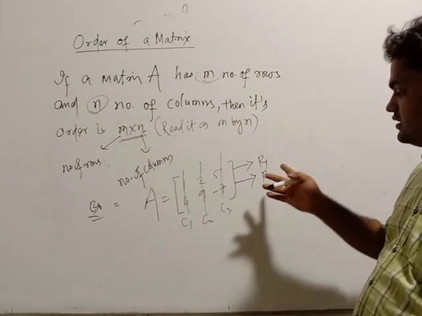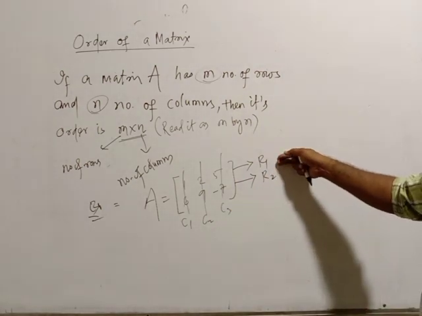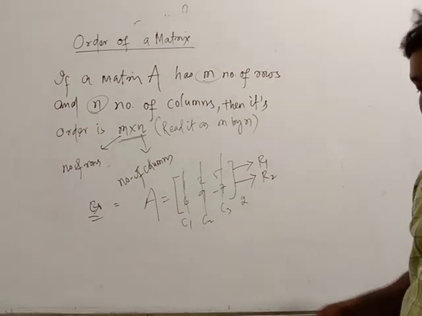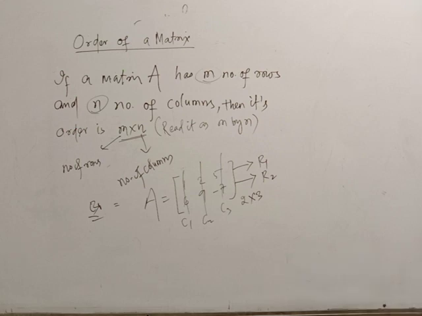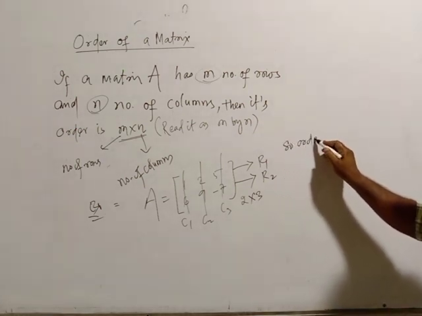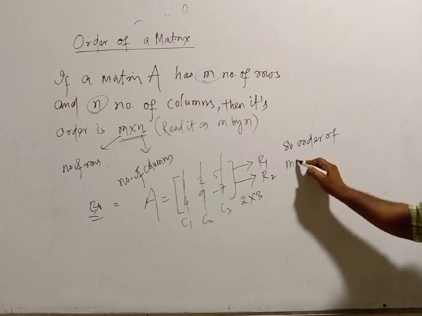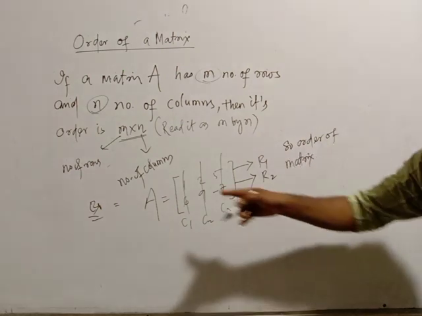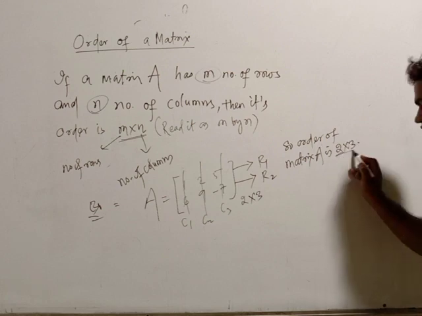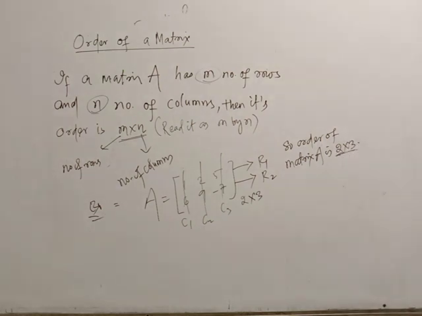So the number of rows here is 2 and the number of columns is 3. So its order is 2 cross 3. We can read it as 2 by 3.